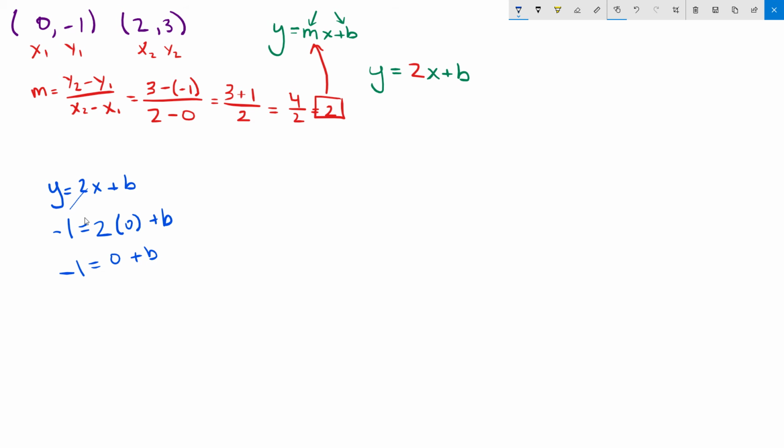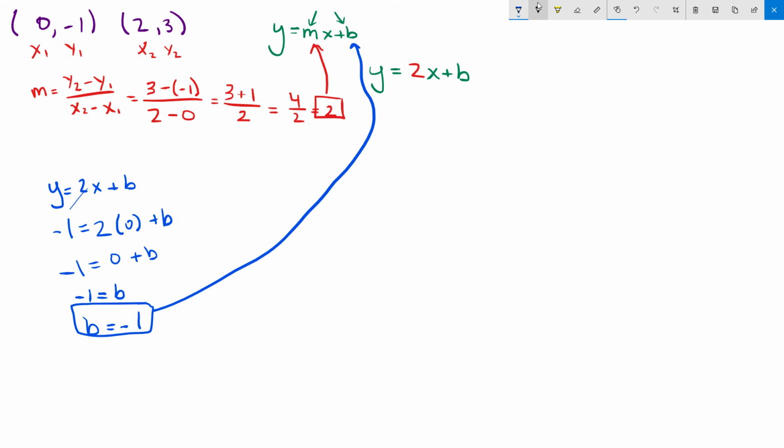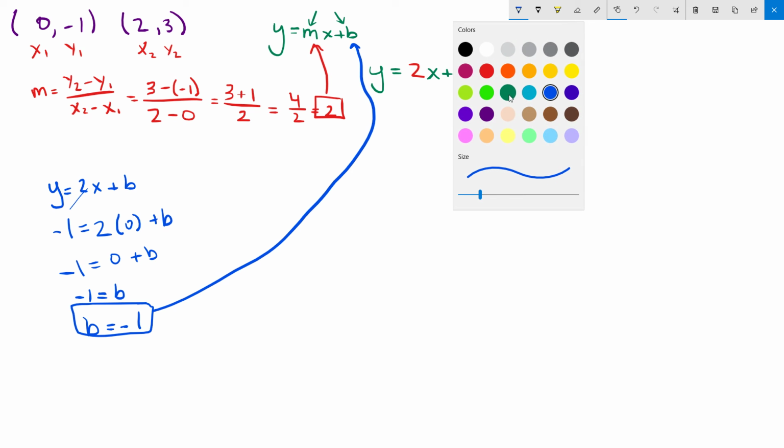Then we have 0 plus b, which just gives us b anyways. And we could reorganize this so that it says b is equal to -1, right? So now we actually know our b as well. So remember from what I said at the beginning, once we find m and b, we're done, right? And that's exactly right. So we can take this part now, and put it right there too, okay? So now let's write our equation of the line.